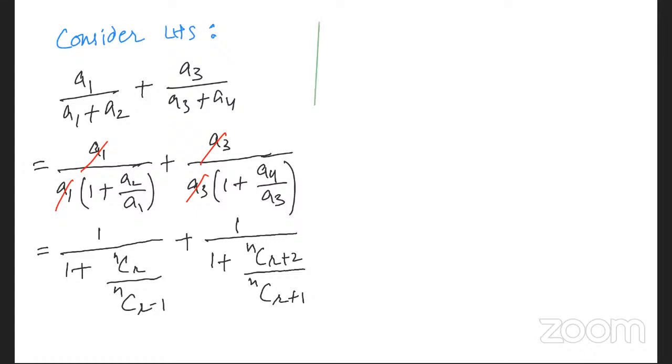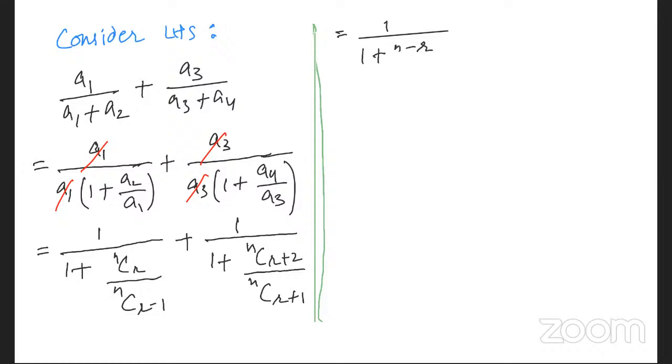Next step, this is equal to 1/(1 + (n-r+1)/r) + 1/(1 + (n-r-1)/(r+2)).